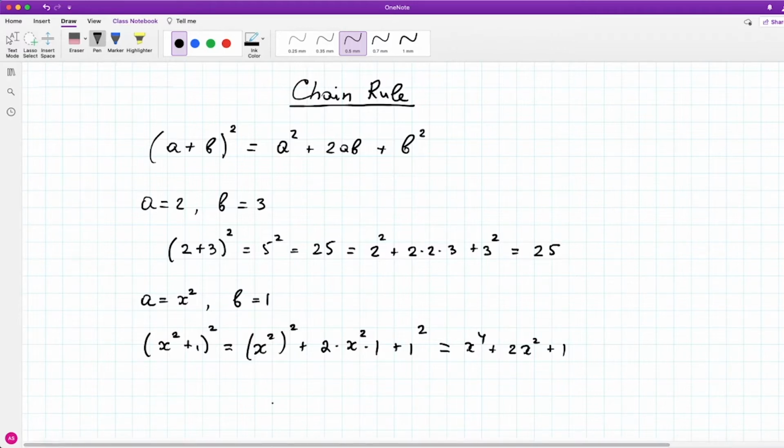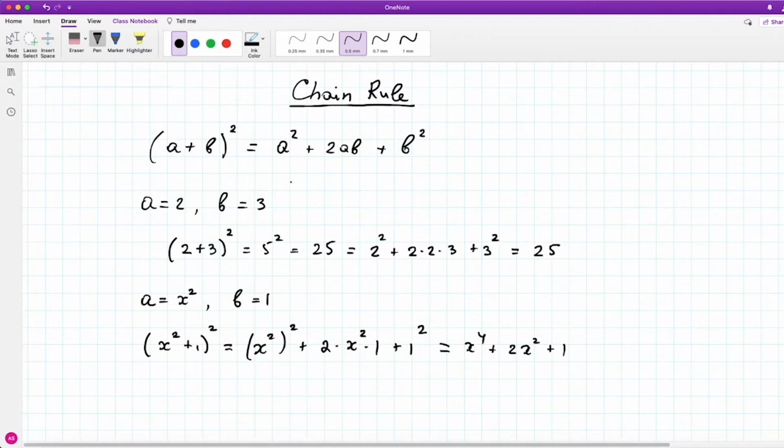Now what I want to draw your attention to here is that the substitution process is extremely simple here. We simply replace each letter, a and b, with whatever we want to replace them with on both sides of this identity. And we don't really need to do anything else.